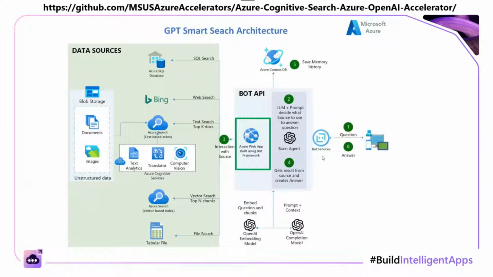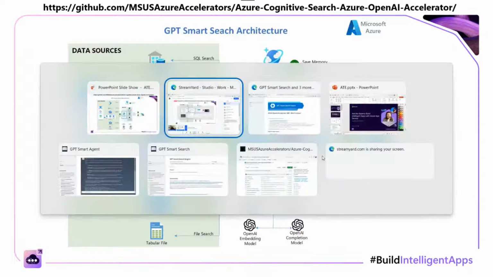Ultimately, the web app is running the presentation tier in this demo app as well as others. And then there's always a back end that's used to proxy the interactions and requests to a variety of AI resources. What's interesting about this demo app is it's using the Azure Bot Service as the back end to interface to everything from OpenAI to Cognitive Search services to Bing search to Azure SQL.